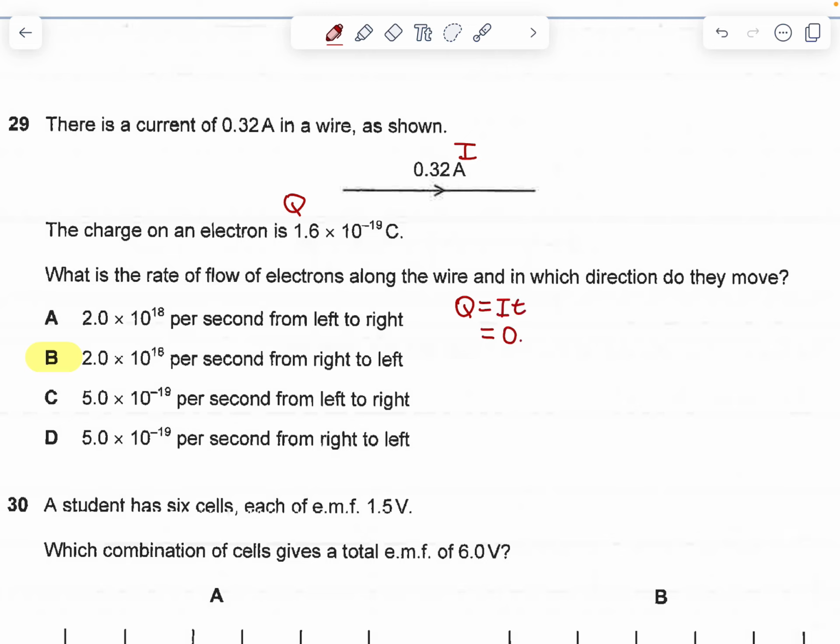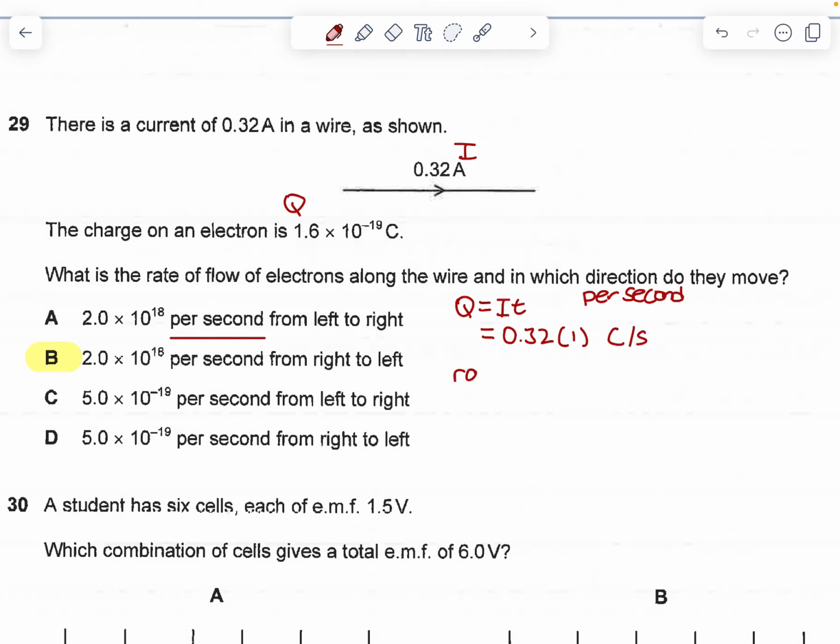We substitute in 0.32 for I, and put time as 1 second, because the question wanted per second. So we get 0.32 charge per second.